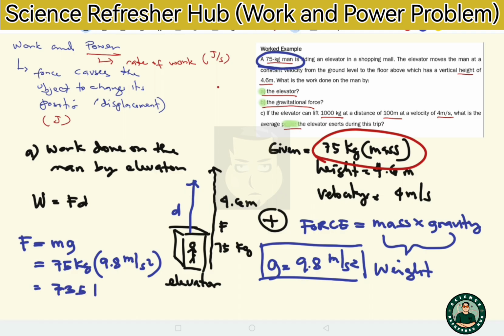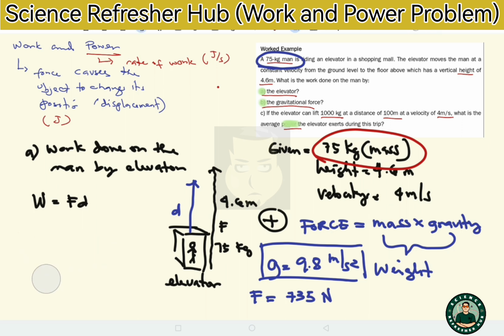The unit of force is Newton. So we already have the value of force. Okay, I will put it there. Force is 735 newtons, so that I will free some of the space here. So we finally have the value of force.